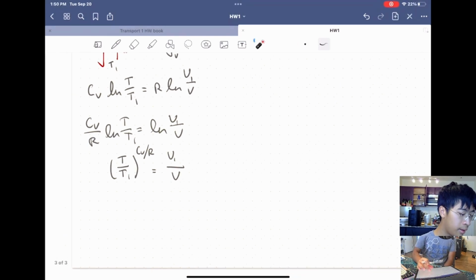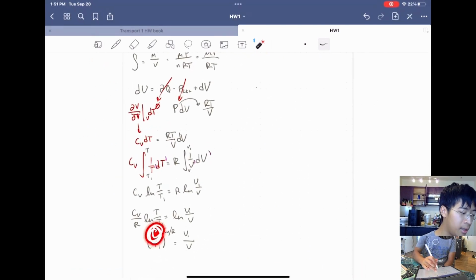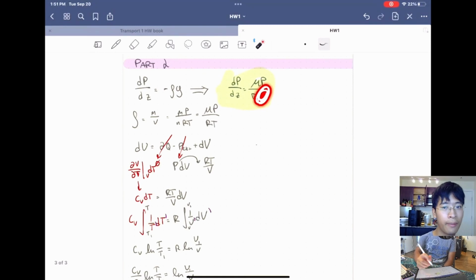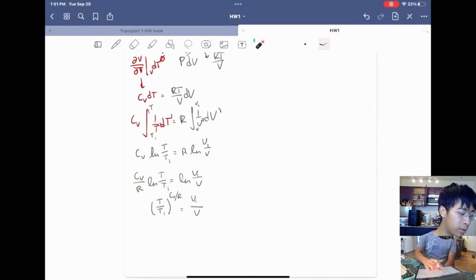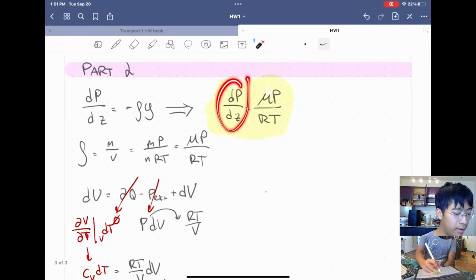So, to remind you of what the roadmap is looking like, we're trying to isolate T so that we can plug in an expression for our main equation. Okay, and we're going to do that by first, well, what else do you notice? You notice that we're left with volume here, which isn't necessarily in our differential equation.